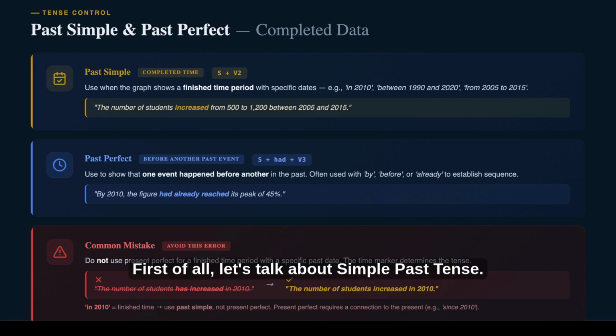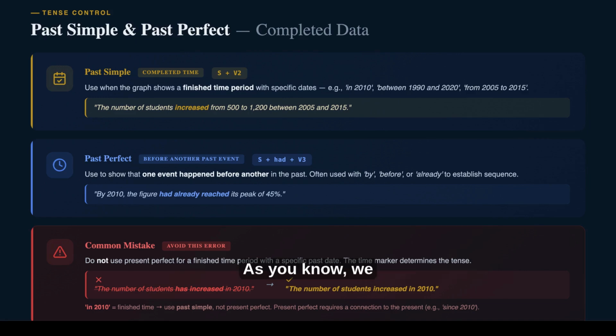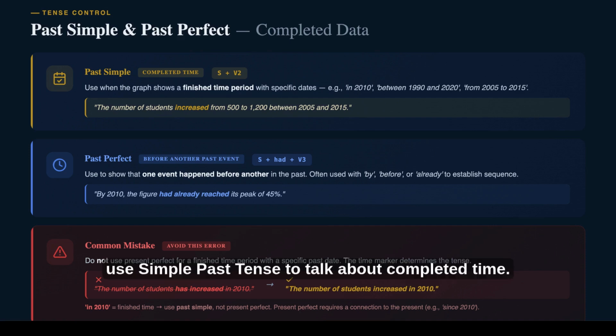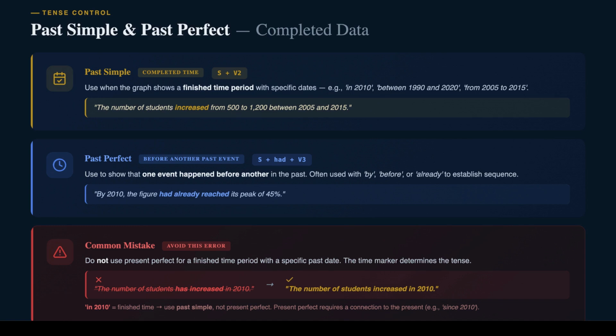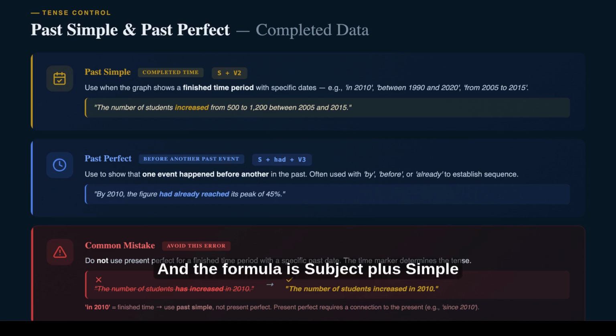First of all, let's talk about simple past tense. As you know, we use simple past tense to talk about completed time, something that is already completed in the past. And the formula is subject plus simple past tense verb, or verb 2 column.